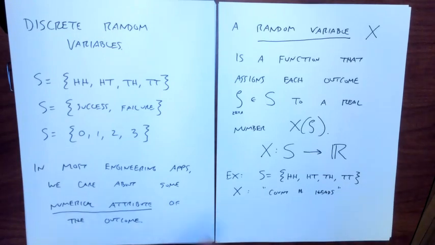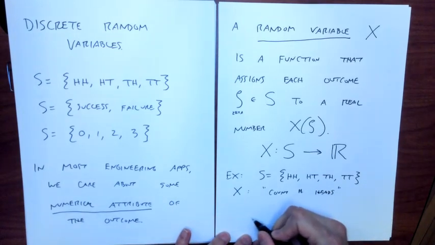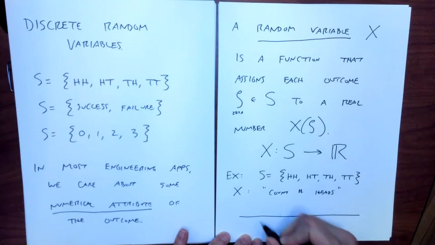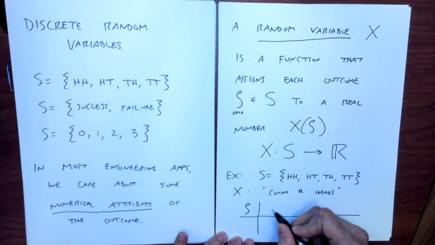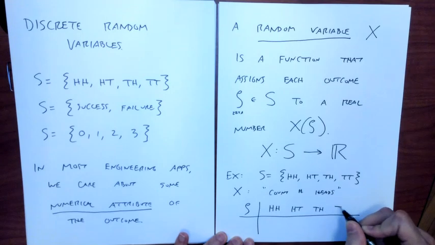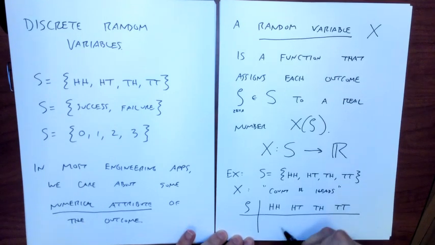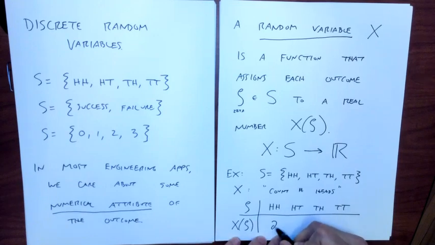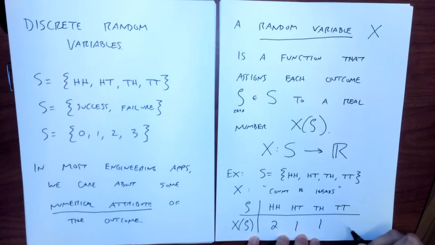And that would mean that I have a mapping that says, if my outcome is given on the top, then the results are at the bottom, right? So my X value is 2 in this case, and 1 here, and 1 here, and 0 here.